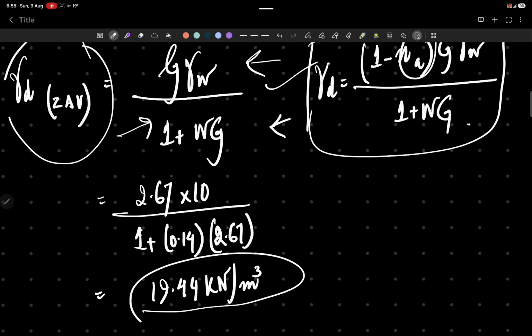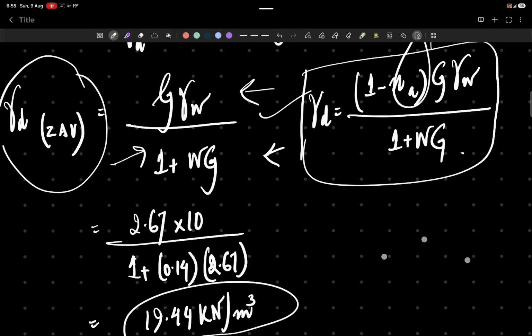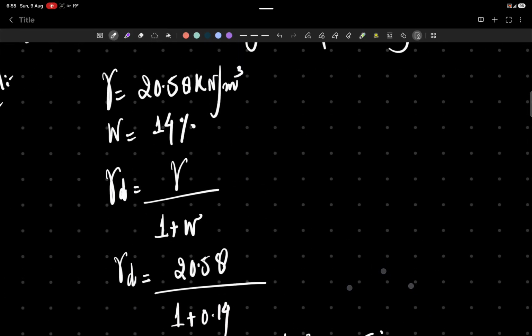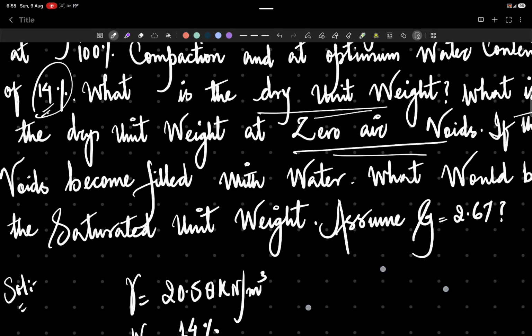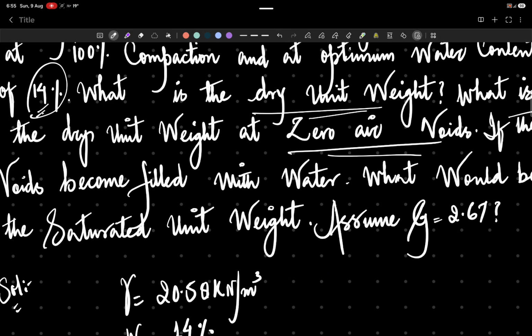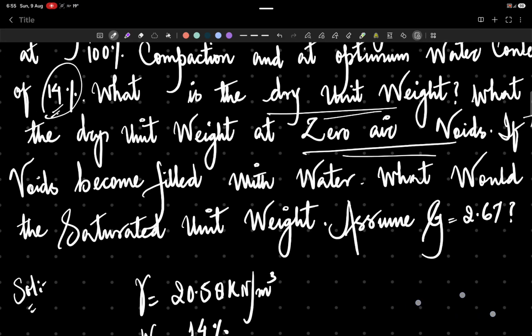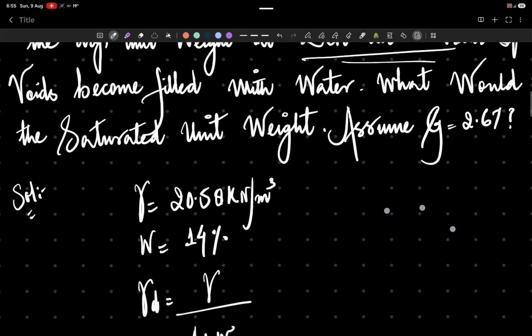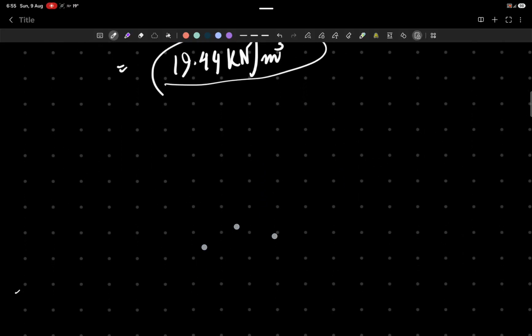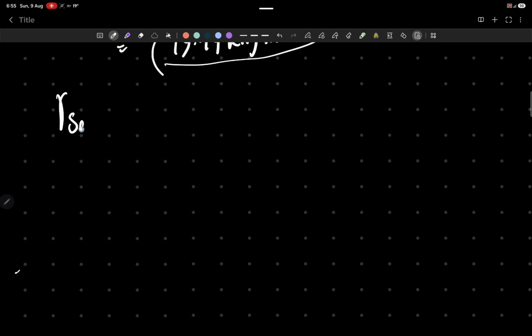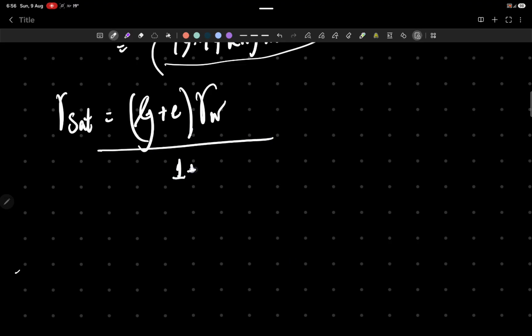All right, moving on. What do we need to find next? This becomes part 2 of the question, that is, if the voids become filled with water, what would be the saturated unit weight? Let's find it out. Saturated unit weight, as given by the generalized equation, is equal to G plus e, times gamma W, divided by 1 plus e.